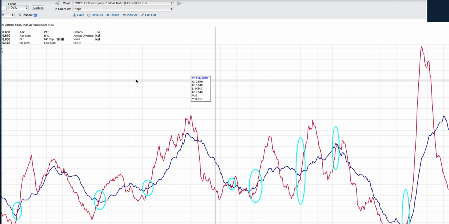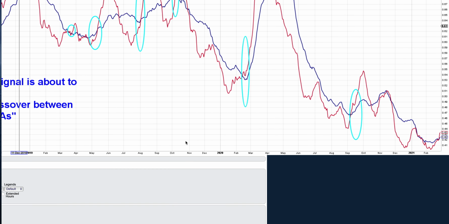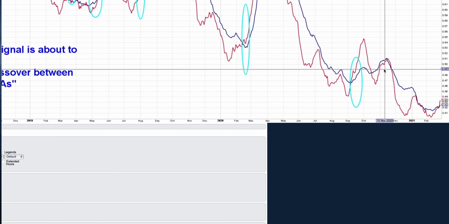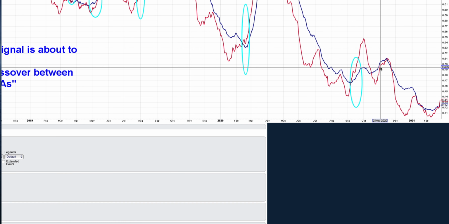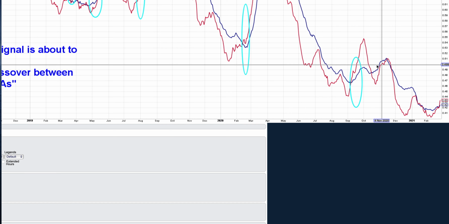I noticed for years and years that every time the 20-day moving average gets closer to or bullishly crosses over the 50-day moving average, the put to call goes up and the market goes down, except since November of 2020.